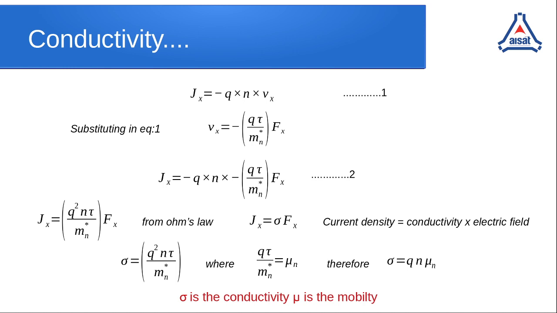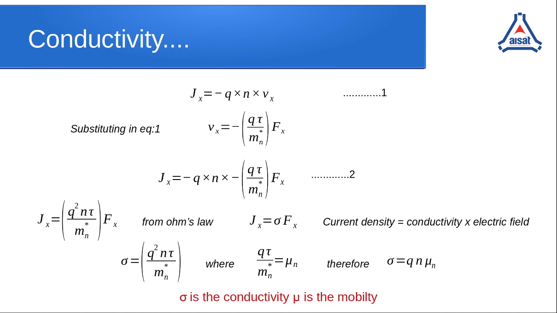And if we just go back a little bit to the previous discussion, we know that mobility mu n, the mobility for electrons, is equal to q tau by mn star. And by substituting this value in place of q tau by mn star in the conductivity equation, we will get conductivity is equal to q into n into mobility.